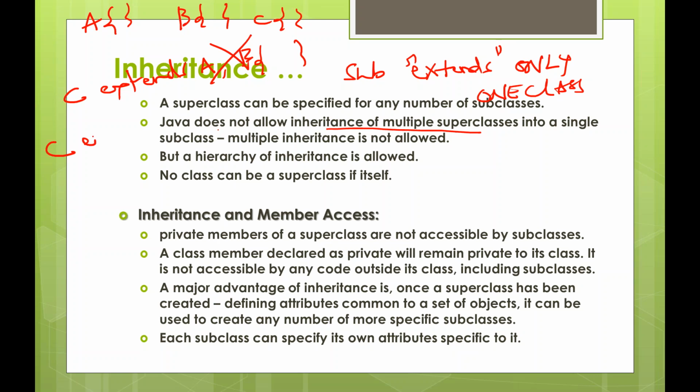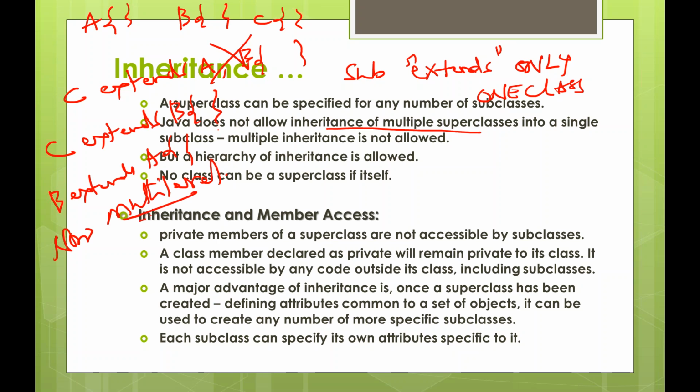You can do C extends B, and B extends A. This is called multi-level inheritance. A is extended by B and B is extended by C. In a way, C will have all the members or attributes of B and A.